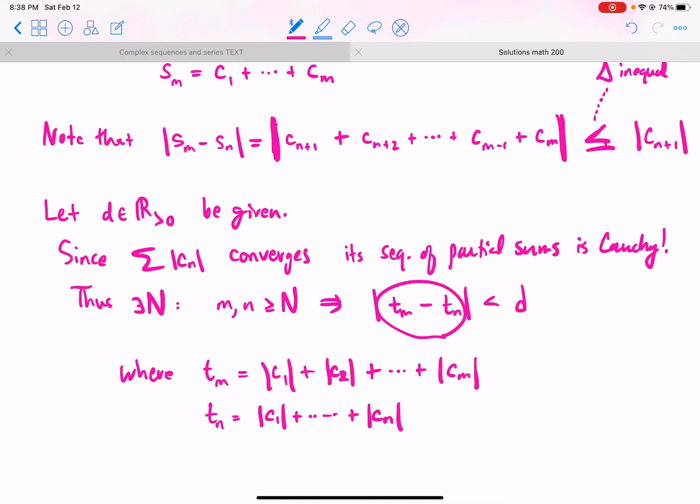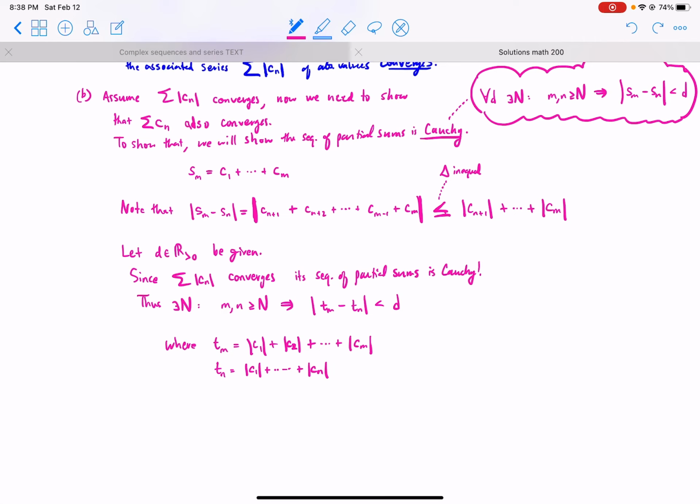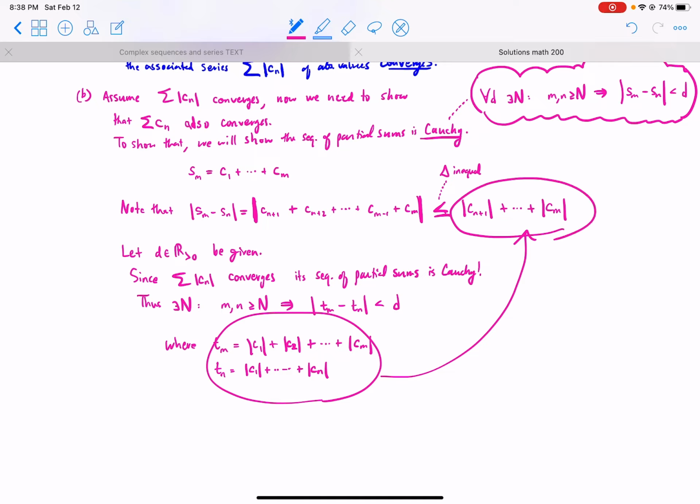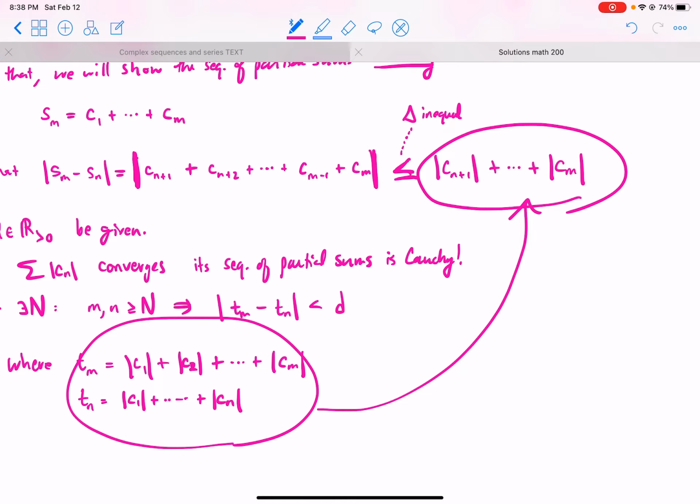Now if we subtract them, we get exactly this. Do you see that? So that's exactly what we needed.